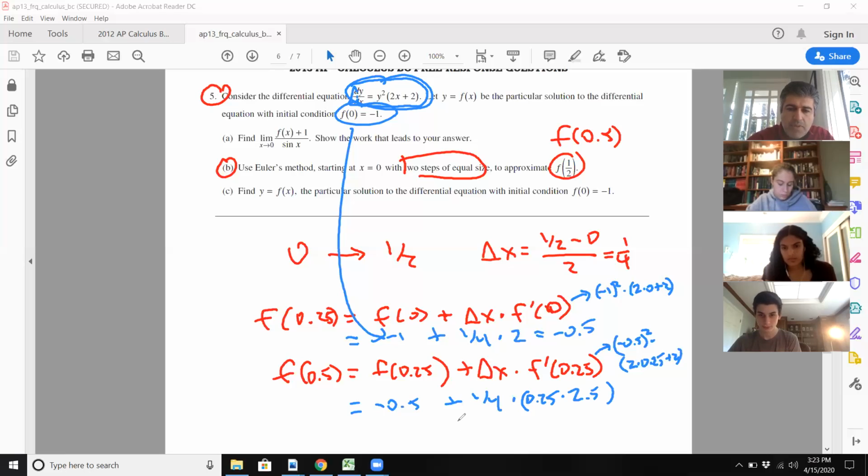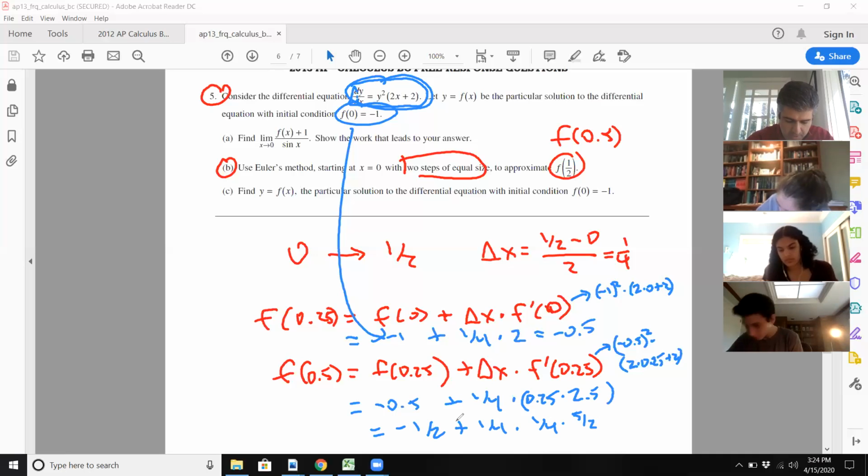So you're doing -1/2 plus 1/4 times 1/4 times 5/2. If you continue working that out, that's -1/2 plus 5 out of 32. So it's like saying -16 out of 32, so you should get -11 out of 32.